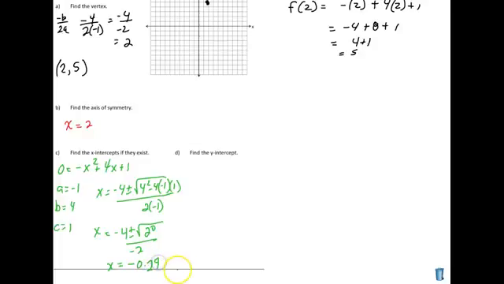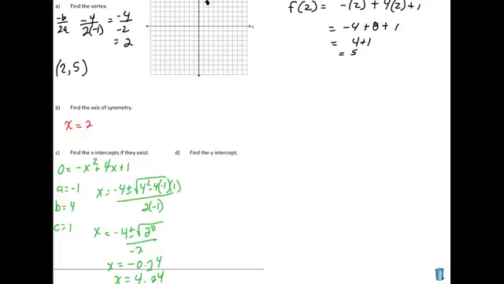Then the other one I'm going to do is negative 4 minus the square root of 20, and then divide by negative 2. Divide by negative 2, and I get x equals 4.24.